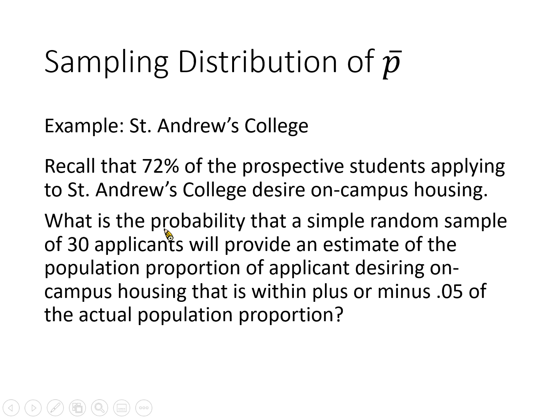What is the probability that a simple random sample of 30 applicants will provide an estimate of the population proportion of applicants desiring on-campus housing that is within plus or minus 0.05 of the actual population proportion?